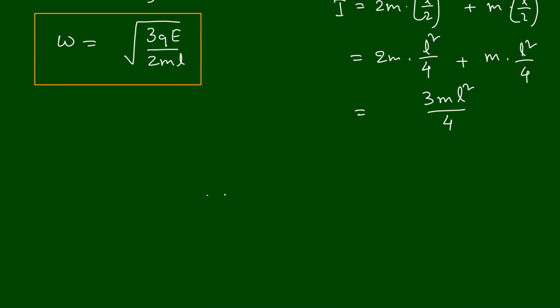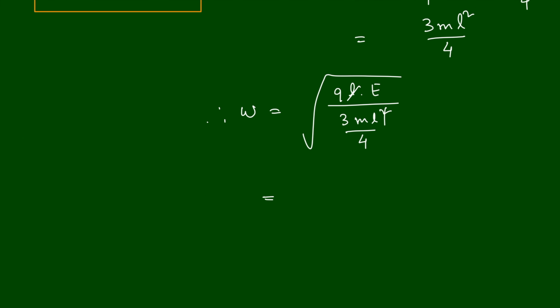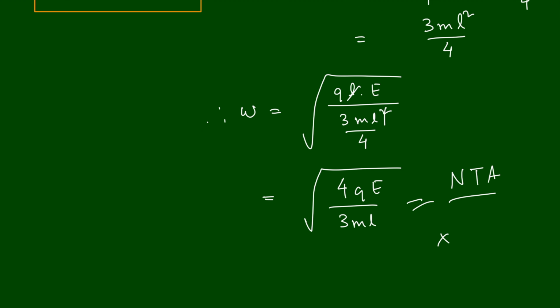That means according to NTA, omega is equal to square root of q L into E divided by the moment of inertia 3 m L square by 4. Now L gets cancelled out. It is equal to square root of 4 qE by 3 m L. So this is according to NTA, but this is the wrong answer.